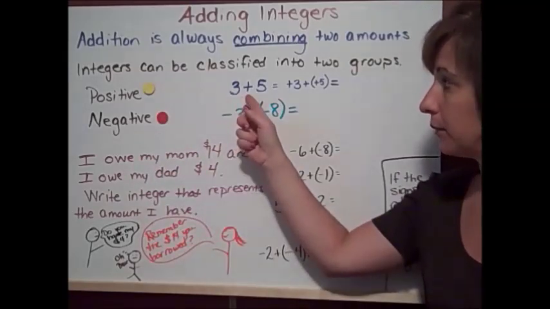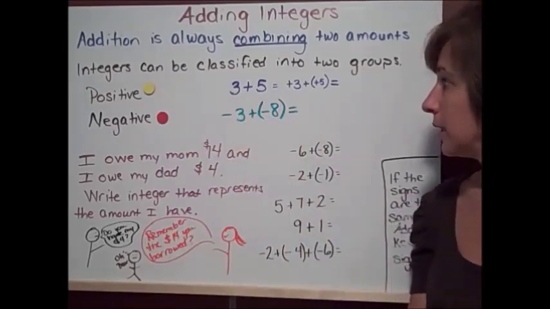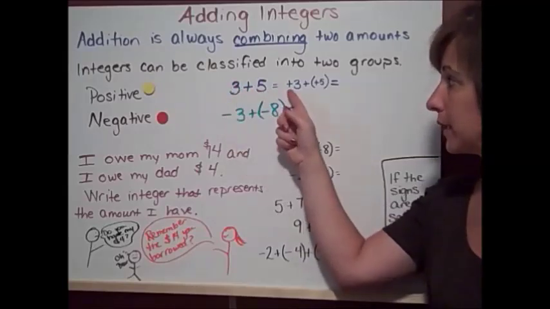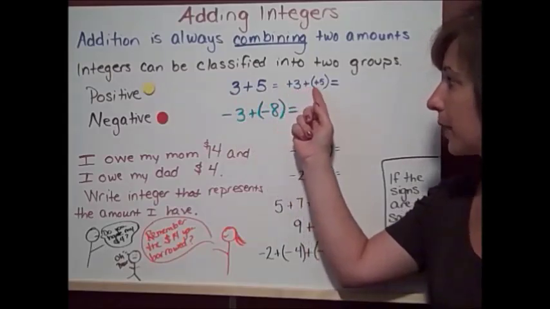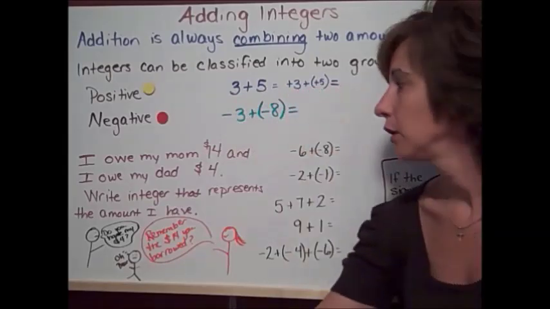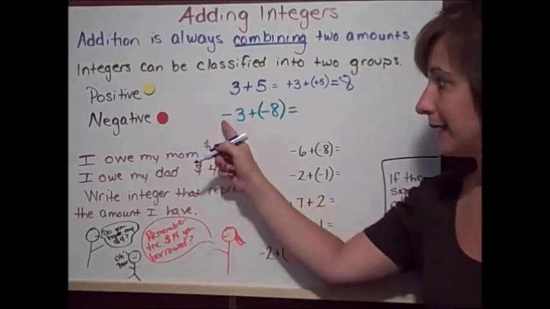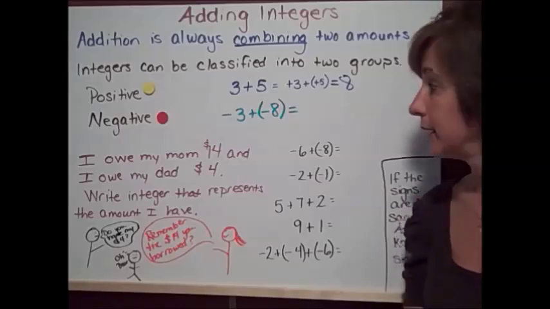Positive integers, 3 plus 5, is very much what you've seen since elementary school. The reason we don't have to write positive signs is because this means the same thing as this: positive 3 plus positive 5. Both of those would equal 8. Remember we learned that a negative number must always have a negative sign.